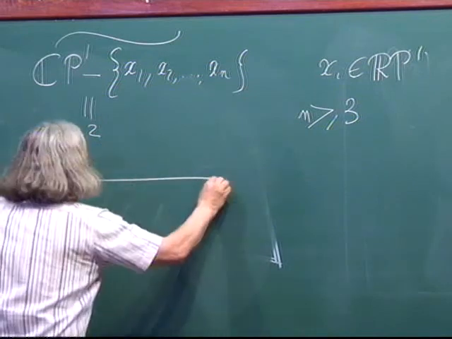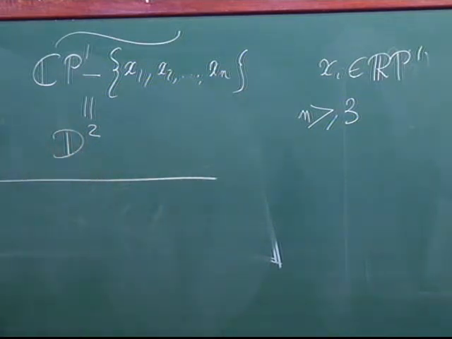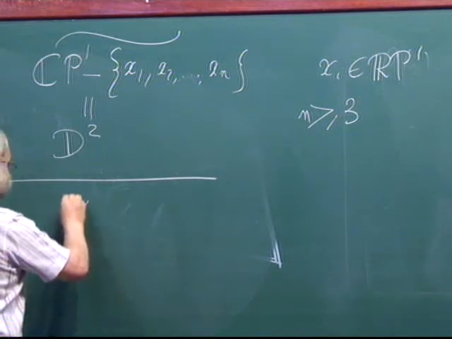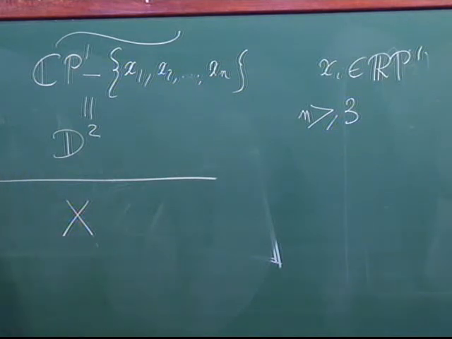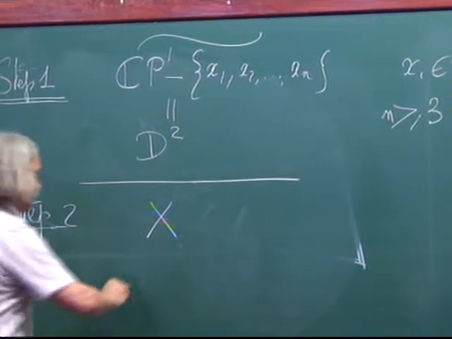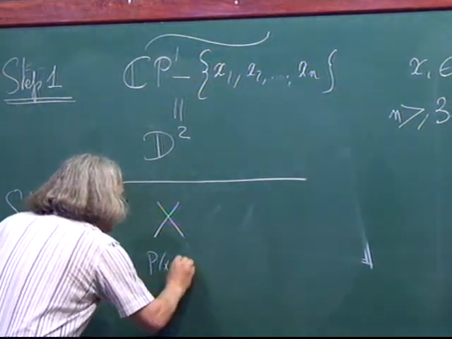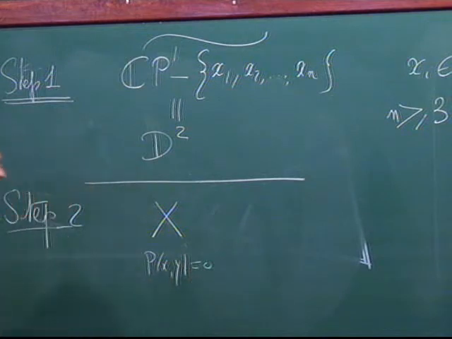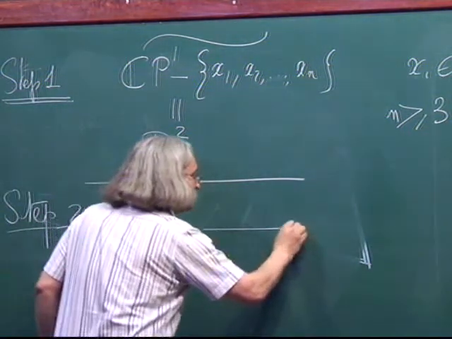And then step 2 is a very simple exercise. It's the following. You take an algebraic curve X. Of course, such an algebraic curve, let's say P(x,y) equal to 0 in the complex projective plane, has at least a meromorphic function.